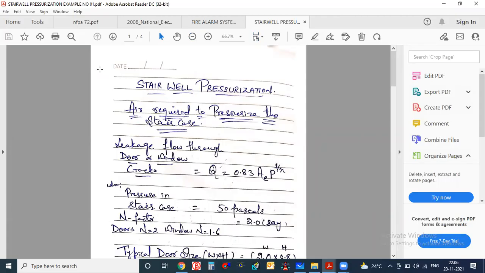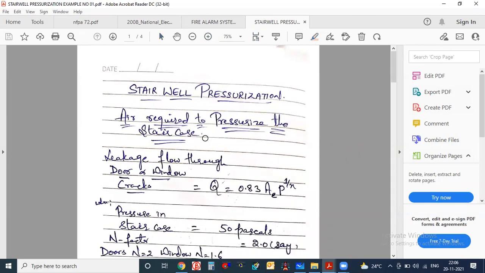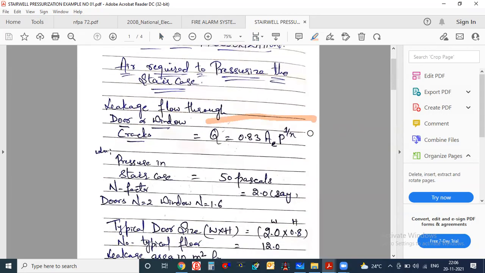Why? Because in every building there is a refuge area or exit stairways, and in those exit stairways we have to maintain positive pressure. Mostly I found this one example, and this one formula is given. There is one book, and from that book I have written these formulas.